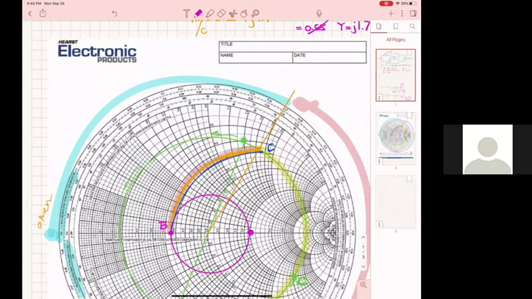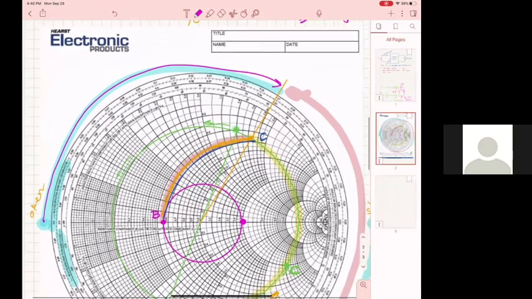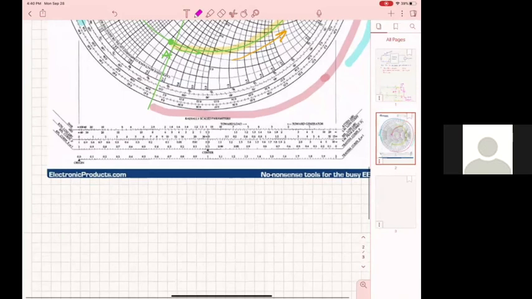If the stub is open, my reactance from 1.7 would go, this is open. So it's going to give me that as length. And why is that? Because when the stub is open, this is your stub, open.